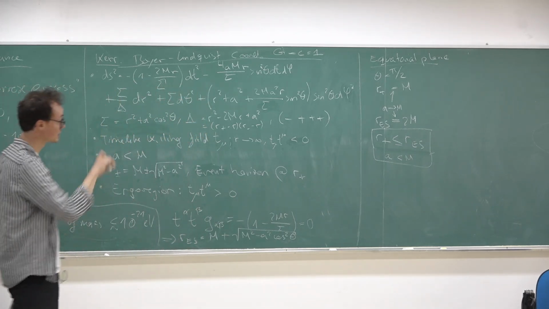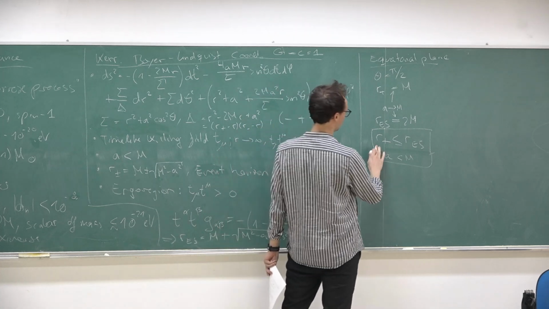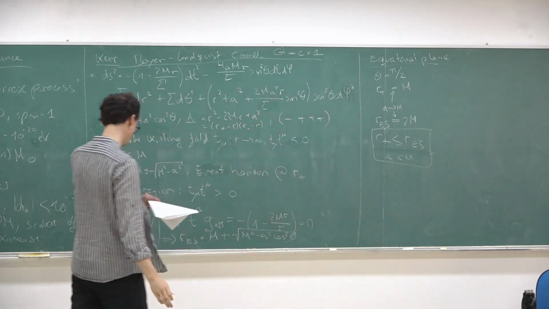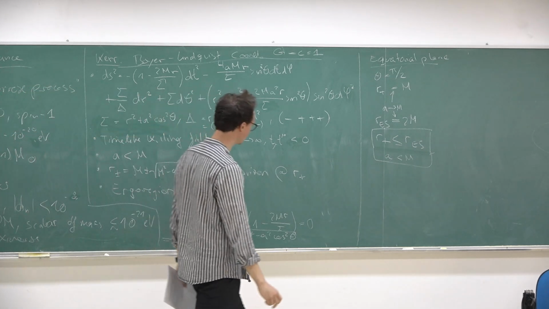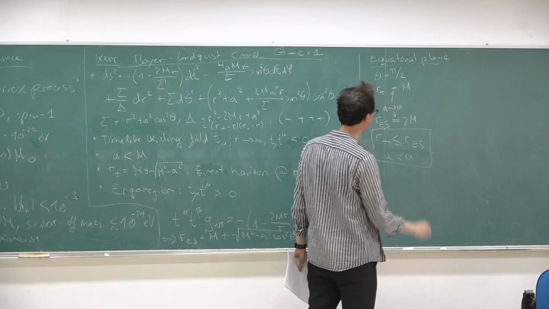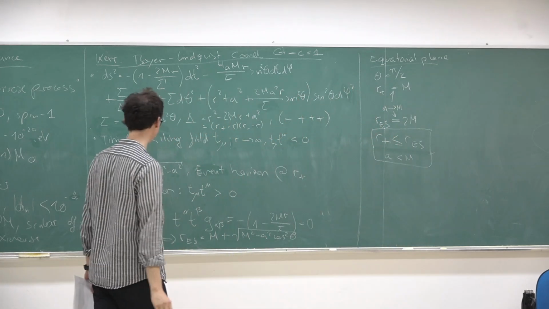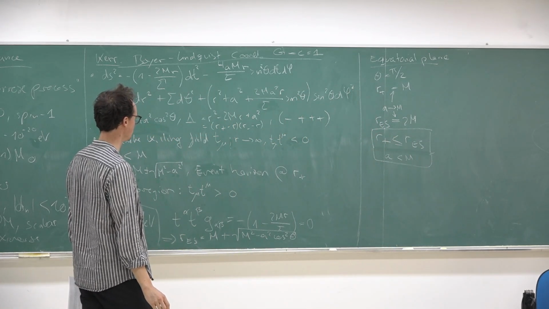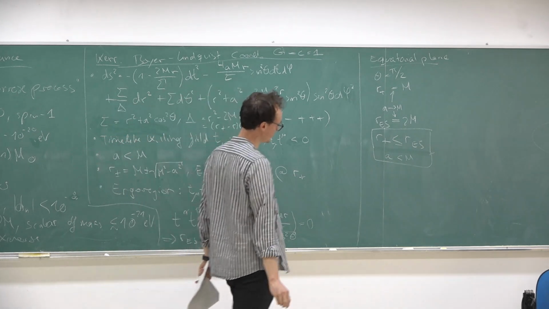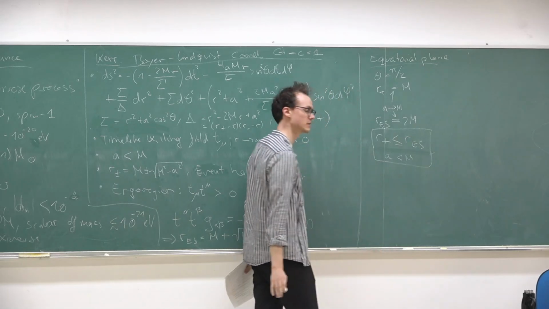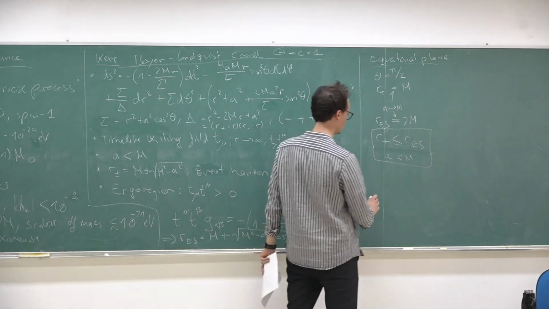So there's a region outside the event horizon where this time-like Killing field turns space-like. Now what does this mean? One implication is that we can have negative energy states.